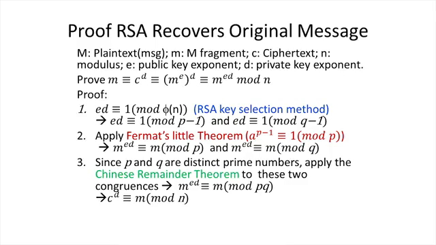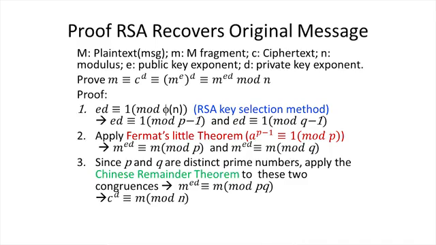So here is a proof of the RSA algorithm: with the message raised to the power of the public key exponent modulo n, followed by raising that to the power of the private key exponent modulo n, we will recover the original message.